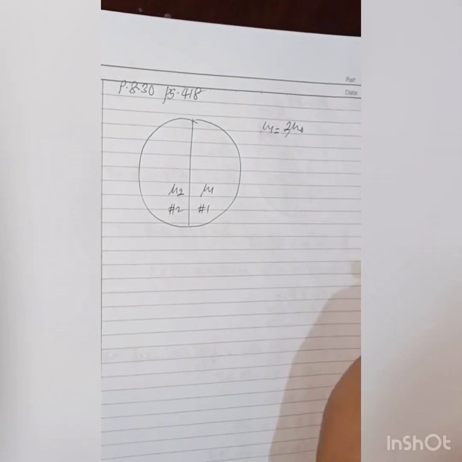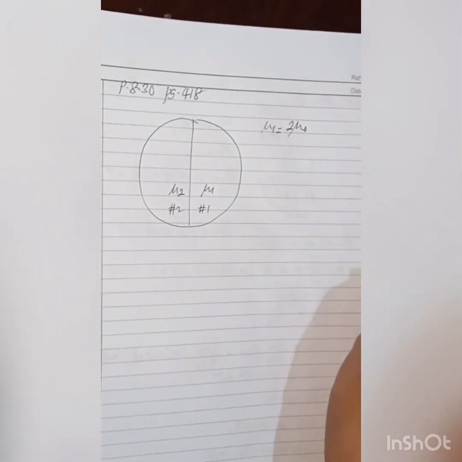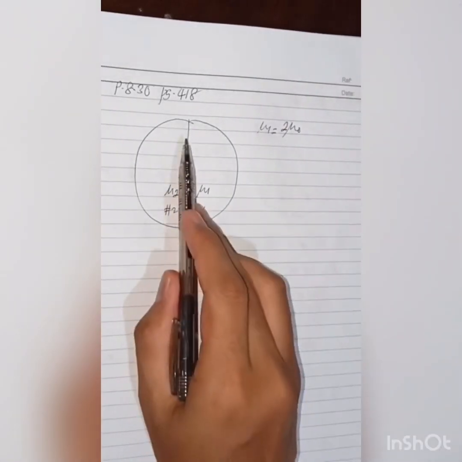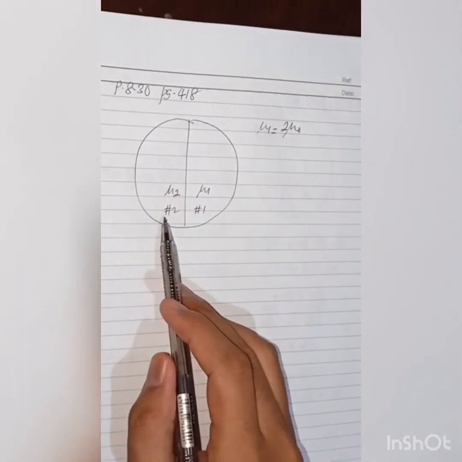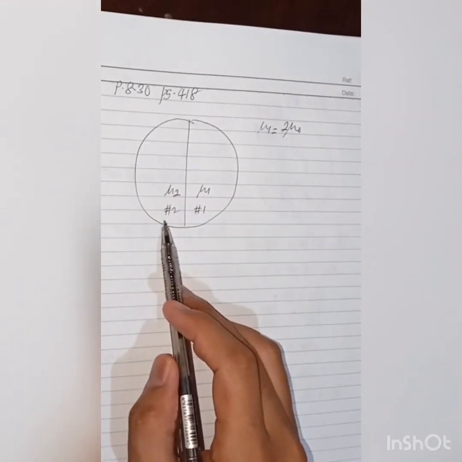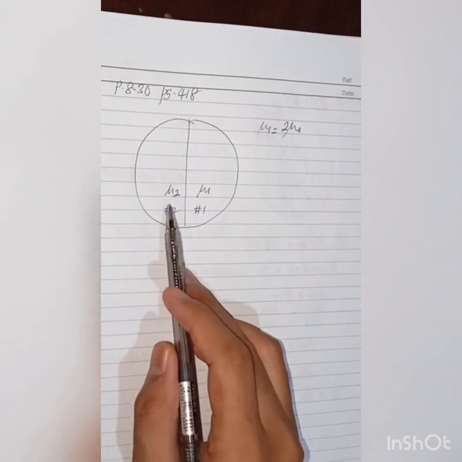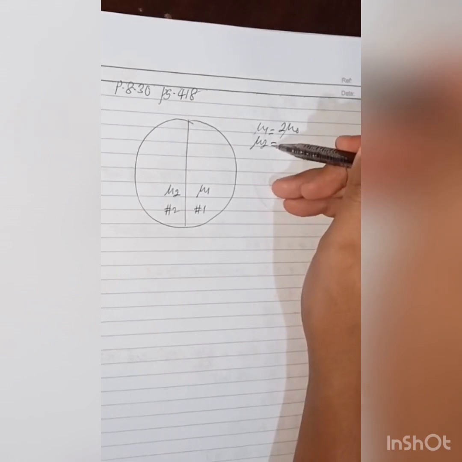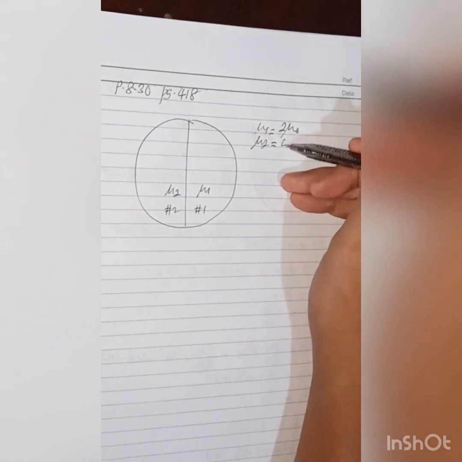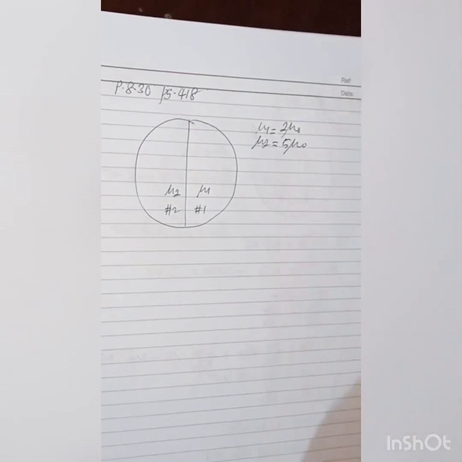Then the other region is defined from pi to 2 pi, and this one belongs to the second region, which has a value of mu2 given as 5 mu naught.